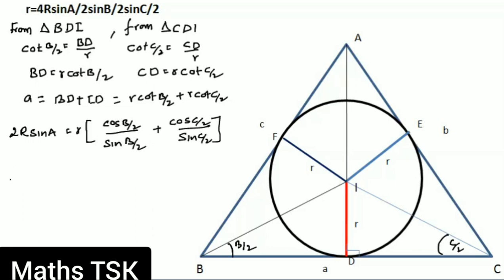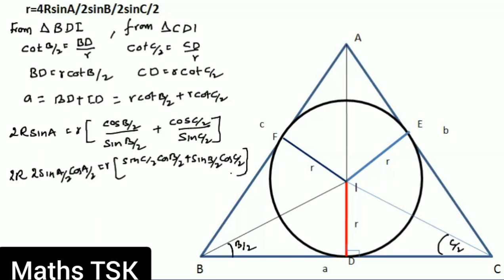Okay, right? 2R sin A can be written as 2R into 2 sin A by 2 cos A by 2. Equal to r into, take LCM, sin C by 2 cos B by 2 plus sin B by 2 cos C by 2, by sin B by 2 sin C by 2. Now send this to that side.